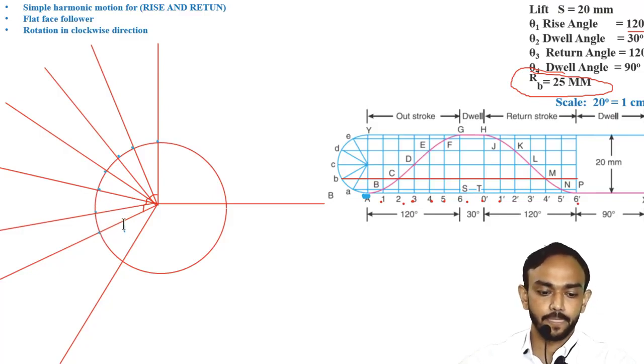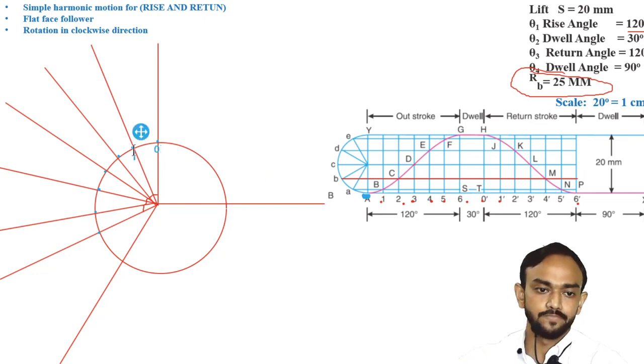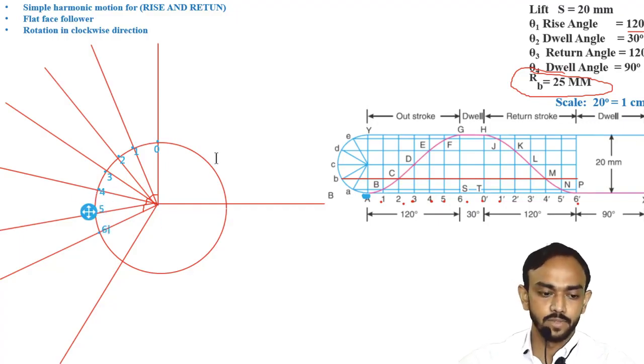Okay, like this. 0, 1, 2, 3, 4, 5 and 6. Okay, I am not doing it for this return. Same will be here. Like partition and 0 dash to 6 dash.